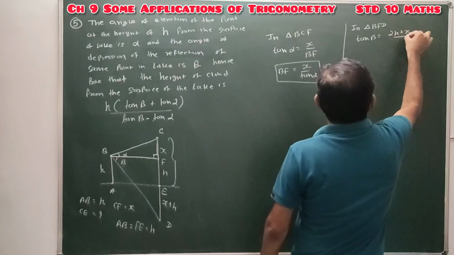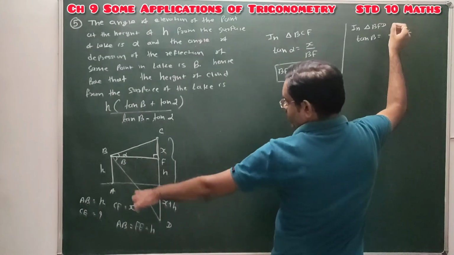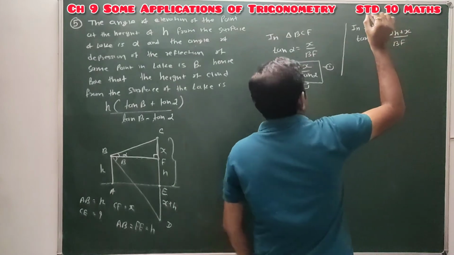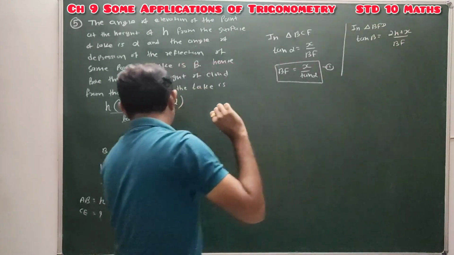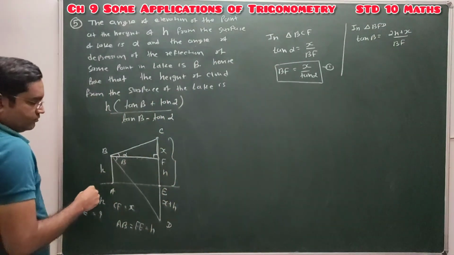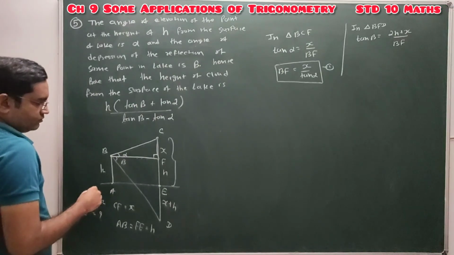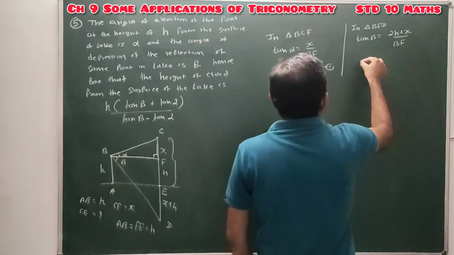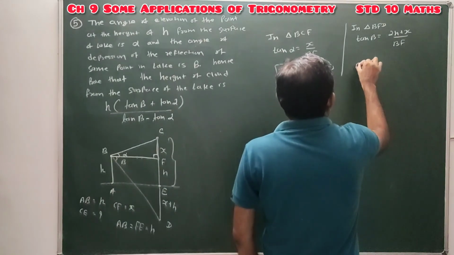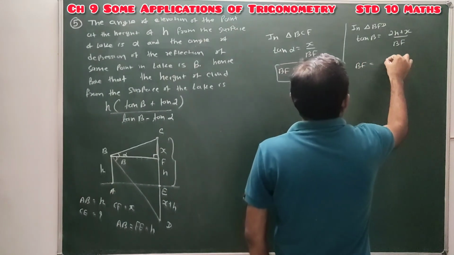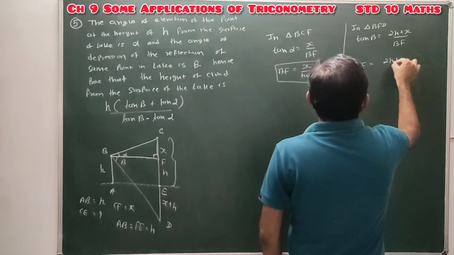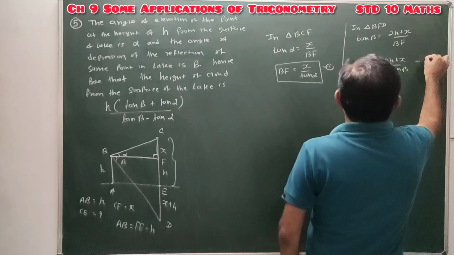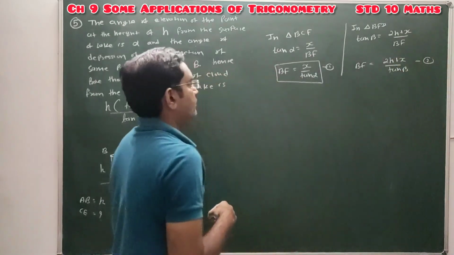So tan beta is equal to 2h plus x upon BF, or we can write BF equal to 2h plus x upon tan beta. This is result 2.